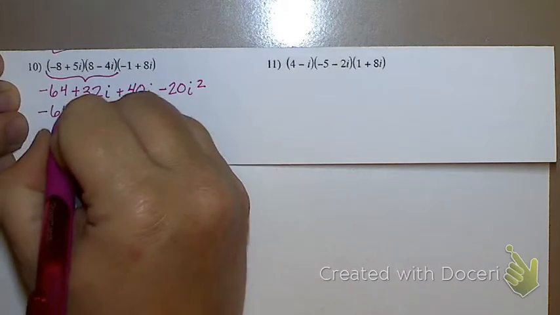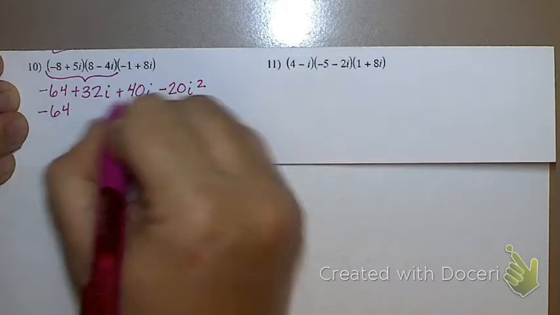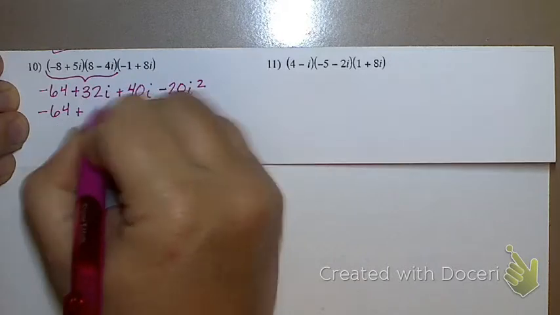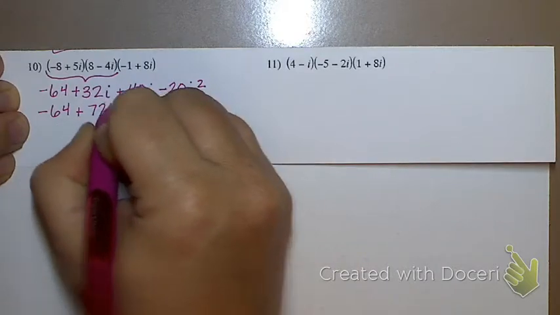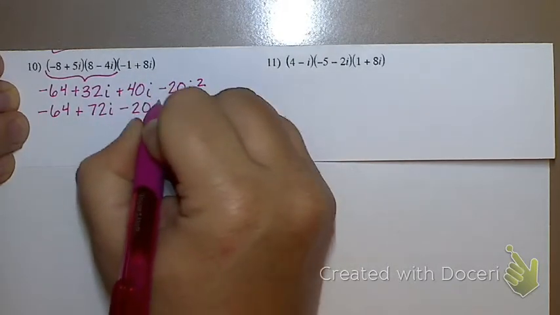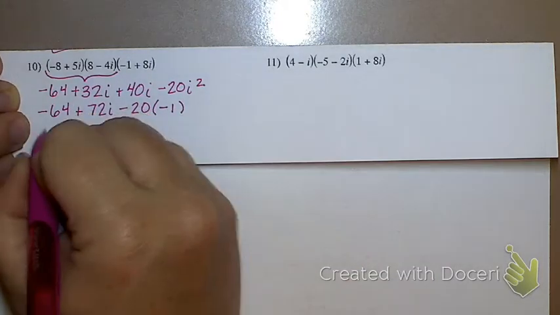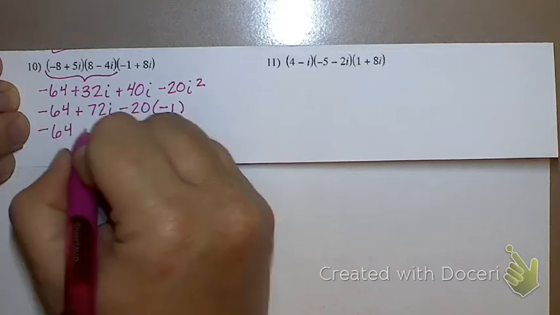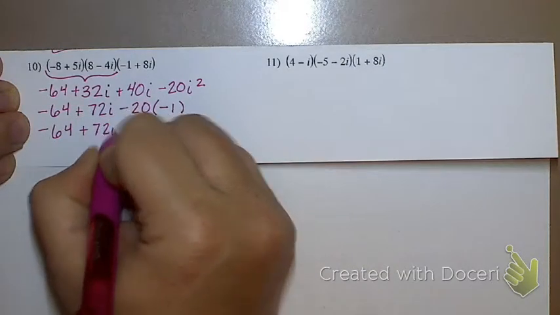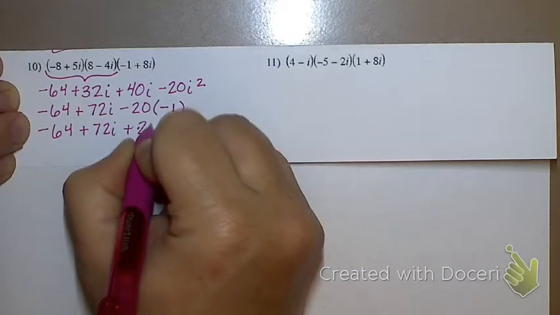I'm going to simplify this, and then I'm going to multiply by that last parentheses. So -64 plus 72i minus 20, and instead of i squared, I'm putting -1. So -64 plus 72i plus 20.